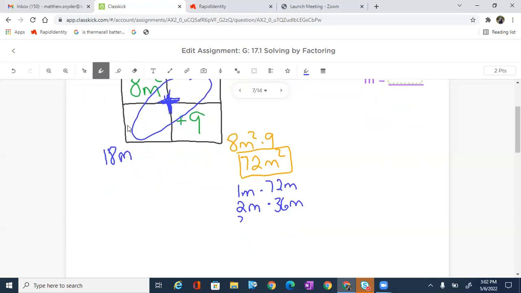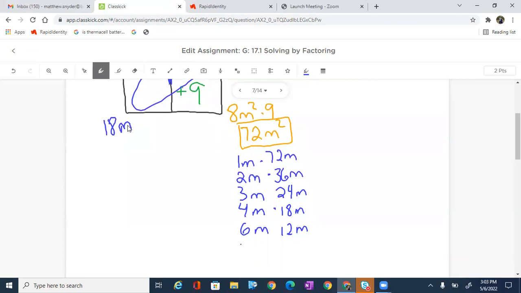So 3m times 24m. 4m times 18m. Remember, these are all multiples of 72. I'm just kind of guessing and working through some numbers. 6m times 12m is 72m squared, and then 8m and 9m.